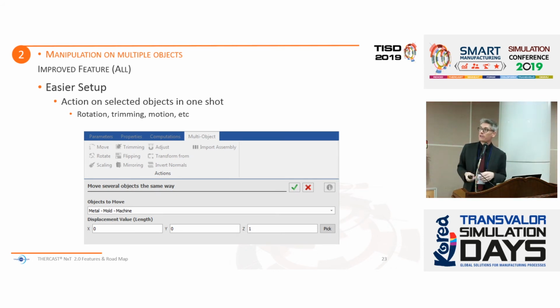If you import an assembly with many domains, and for example the units of the import are not the right ones, you can directly scale all the domains in one shot, instead of doing it one by one step by step, which could be quite difficult. Here, with the capability to select the list of objects you want to transform, it's made in one shot, so very interesting and efficient.